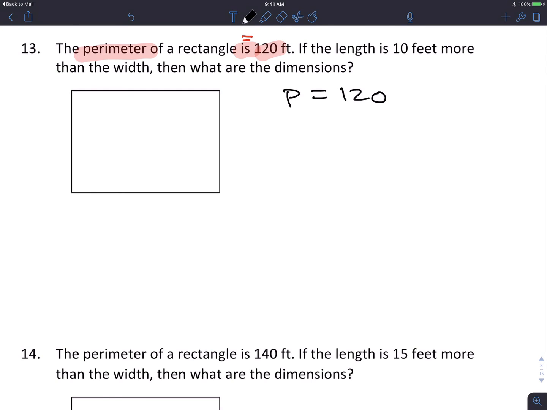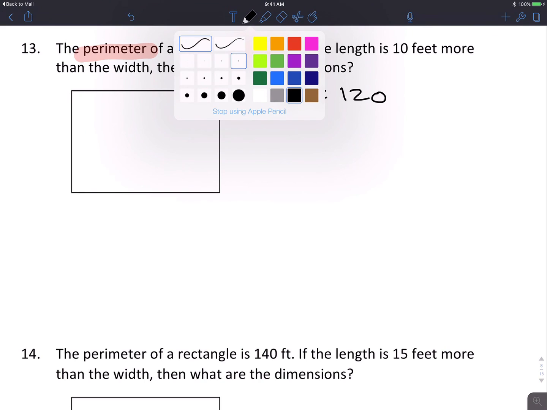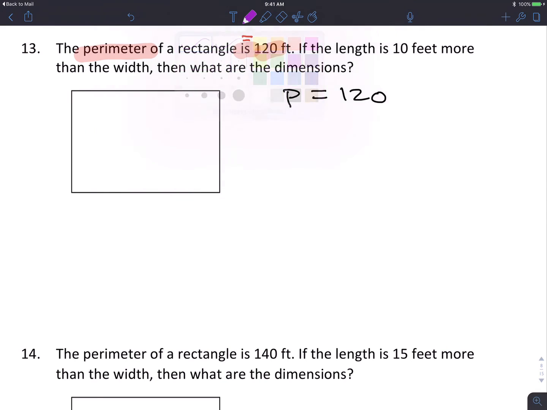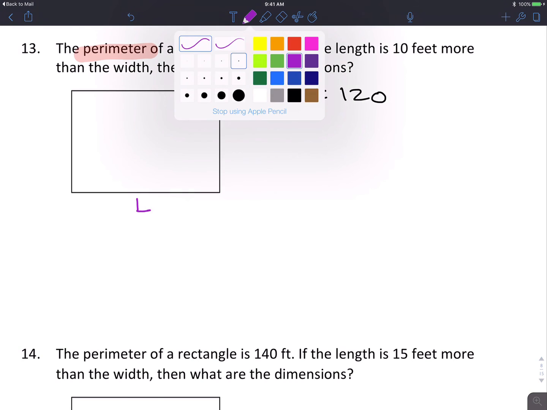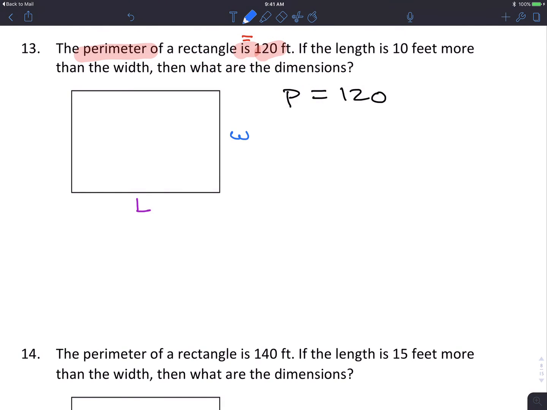Now, we have a rectangle, so they say the length is 10 feet more than the width. So here's what's going on with this. Let's use L for length, and we're going to use W for width. The longer side is the length, the shorter side is the width.